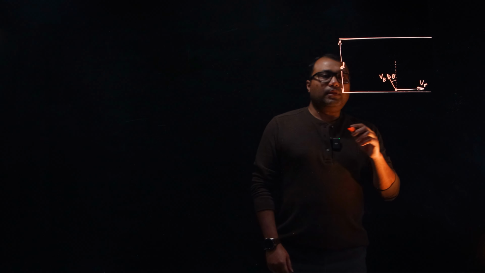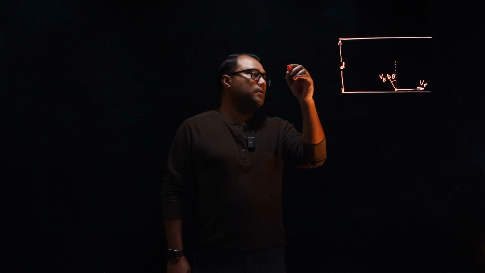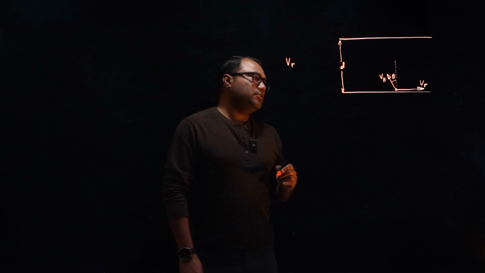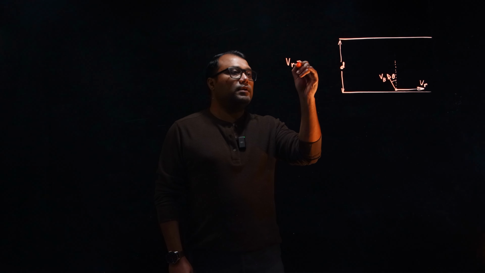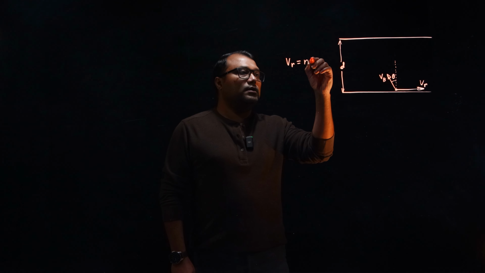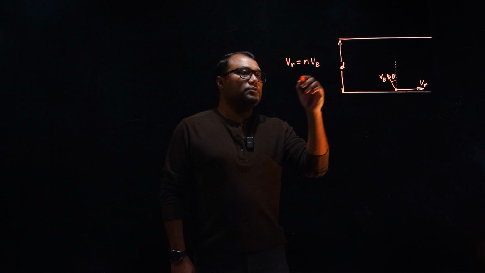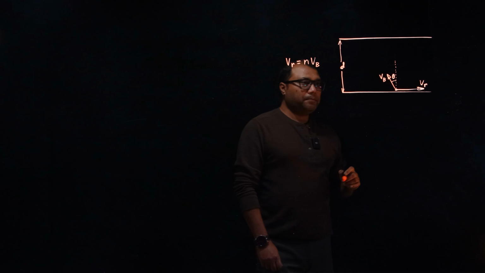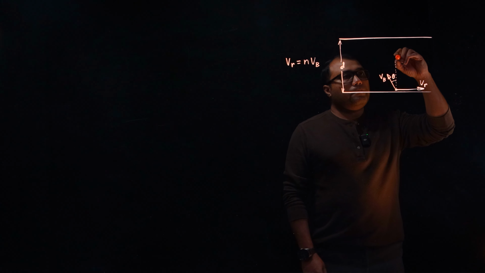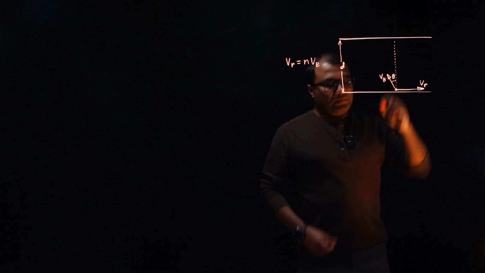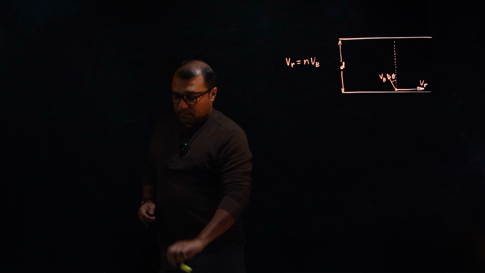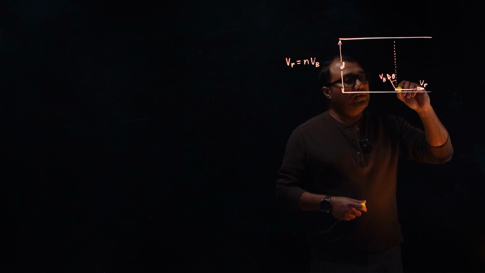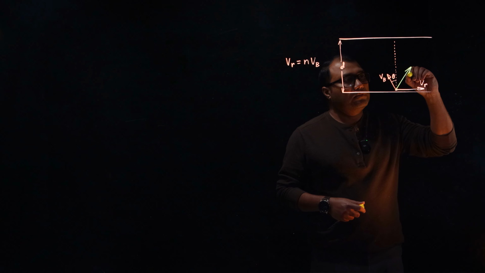Now it is given that VR, the velocity of the river flow, is n times VB, and n is 2, so VR is more than VB. Now let's suppose that the resultant vector will be in this direction.